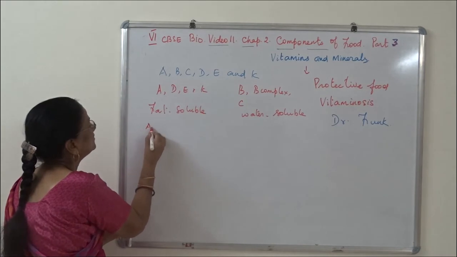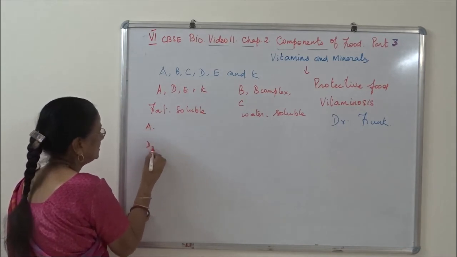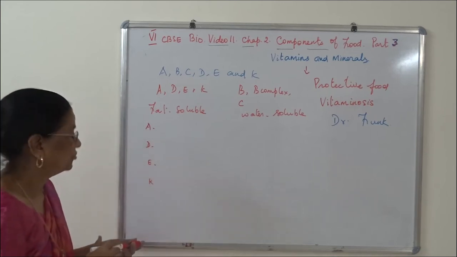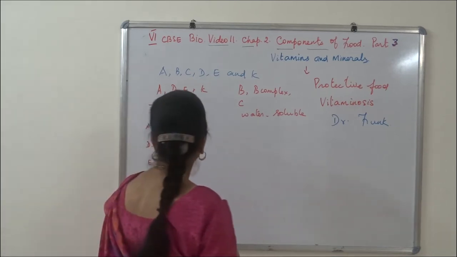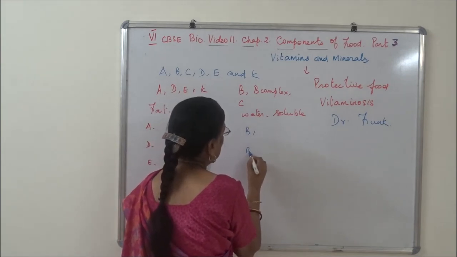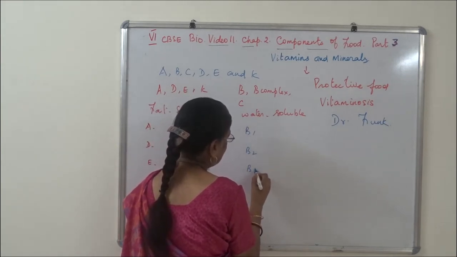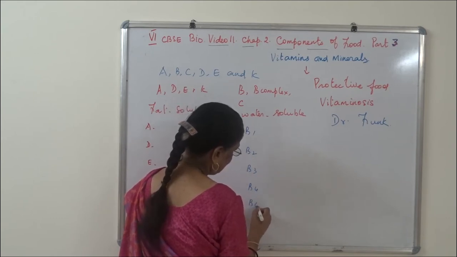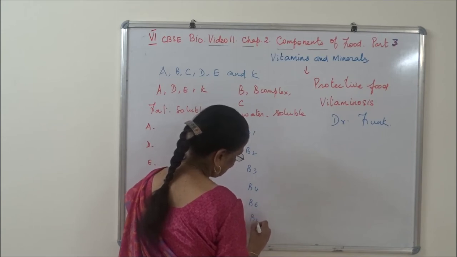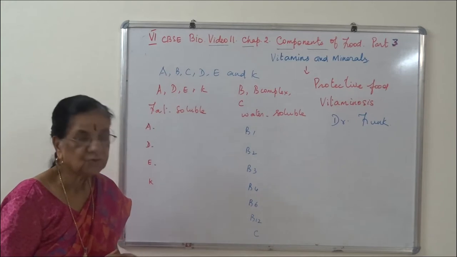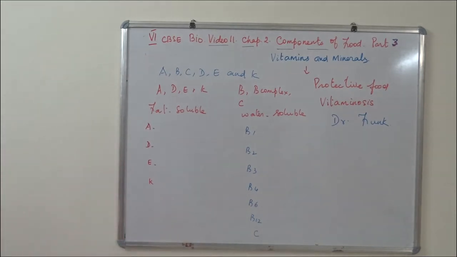Now this vitamin A, D, E and K. Same way vitamin B, the vitamins B1, B2, B3, B4 and B6, B12 and vitamin C. These vitamins are given different terms.